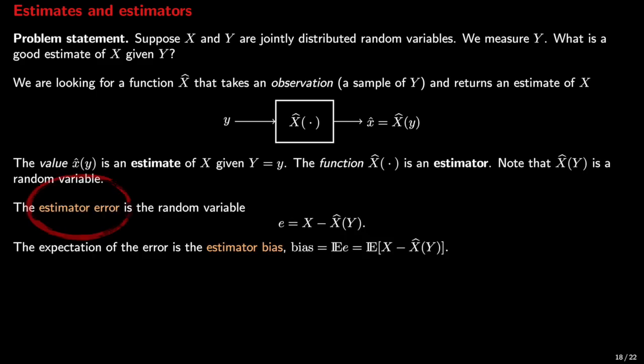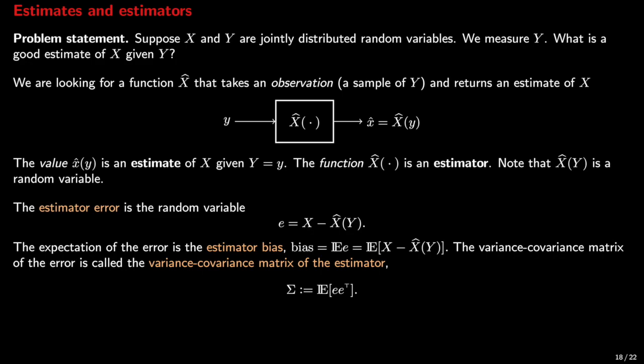We define the estimation error as the random variable shown here. Both x and big X hat of big Y are random variables. The expectation of the estimation error is called the estimation bias, and the variance-covariance matrix of the error is called the variance-covariance matrix of the estimator.